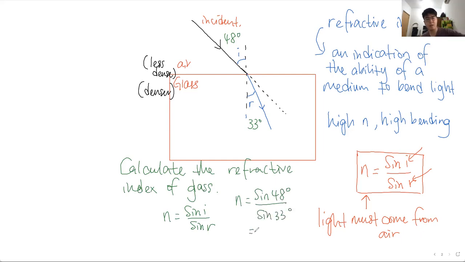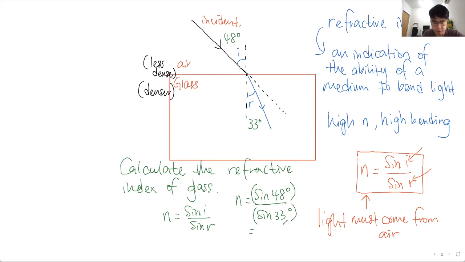Then you use your calculator, look for SIN. Sine 48. Remember to put a bracket when you type it. Put a bracket, sine 48, divide, and then put a bracket, sine 33. Otherwise, the operation will get mixed up.